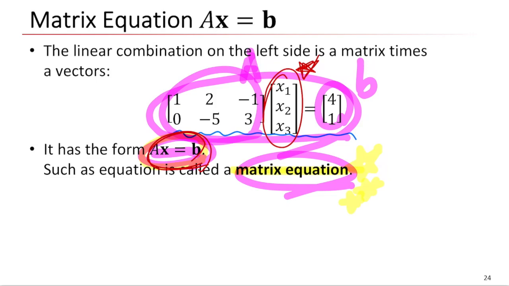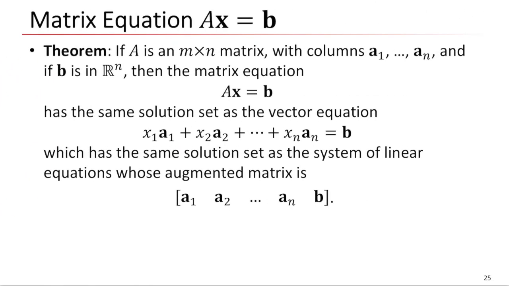Okay, let's move on. There is one theorem. If matrix A is an m by n matrix with columns a1 through an, and b is in R^m, the matrix equation Ax equals b has the same solution set as the vector equation x1a1 plus x2a2 through xnan equals b. We already talked about this one, right?